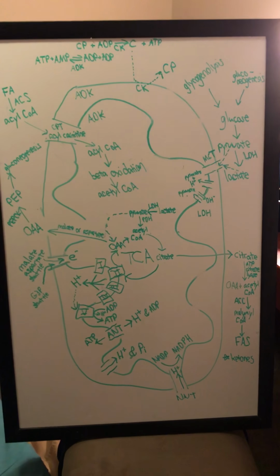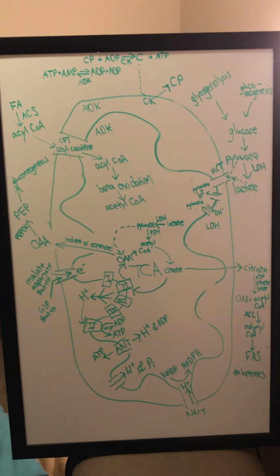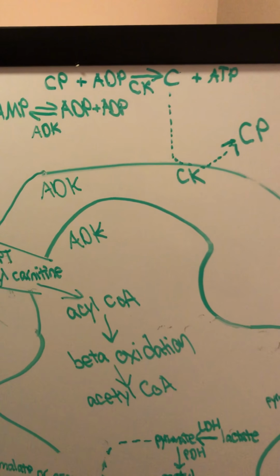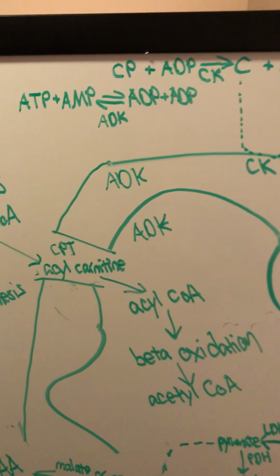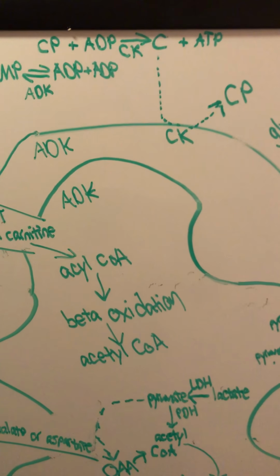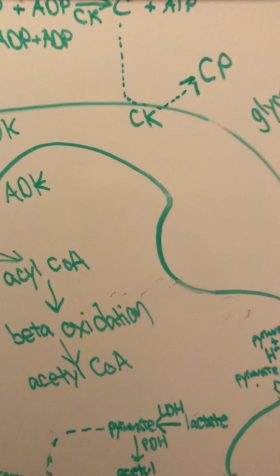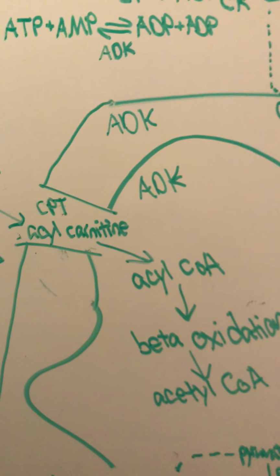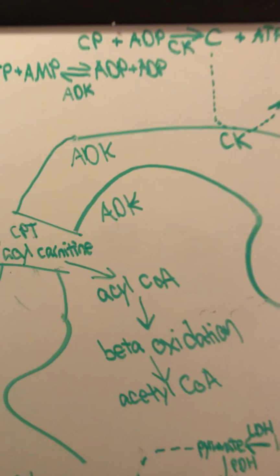And so, in summary, we have a lot going on here, but in the cytosol, we have creatine kinase and adenylate kinase. But both of these enzymes exist in other compartments. Creatine kinase can be found in the inner membrane space. Adenylate kinase can be found in the inner membrane space and the matrix.